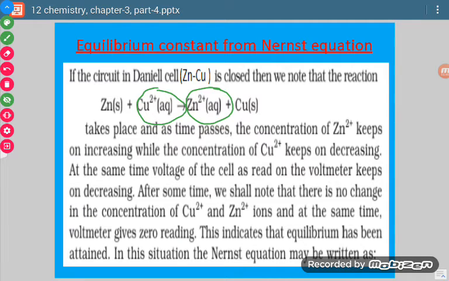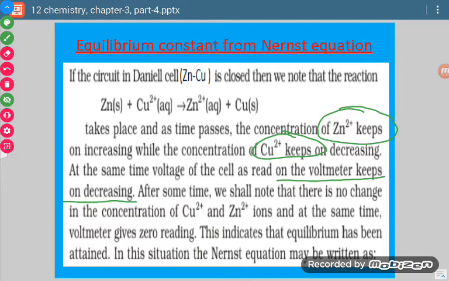Now, when this reaction occurs in the zinc copper cell, it means the concentration of zinc 2 positive keeps on increasing while the concentration of copper 2 positive keeps on decreasing. We are talking about the concentrations in the two half cells. At the same time, the voltage of the cell as read on the voltmeter keeps on decreasing.